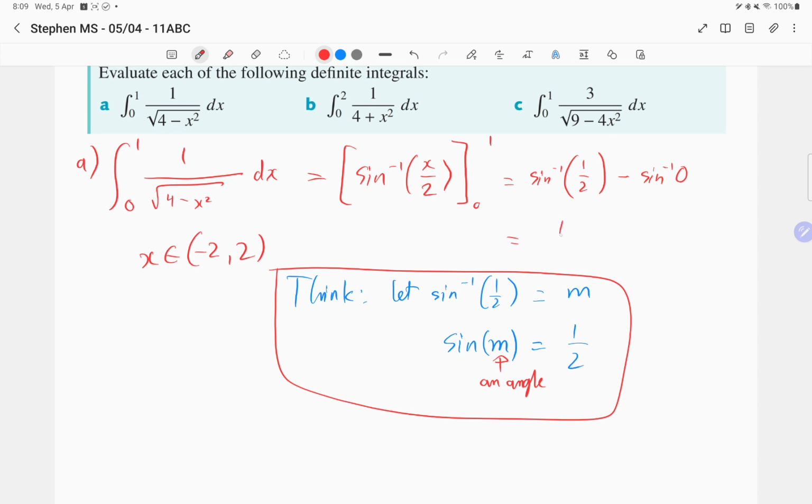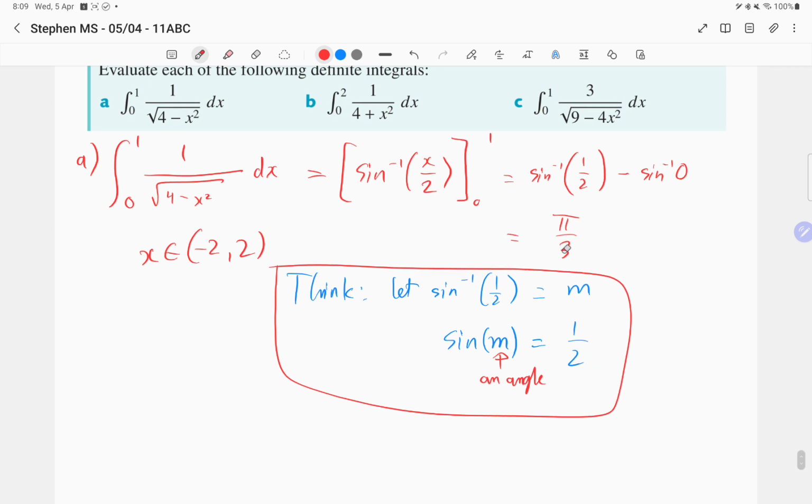So it would be pi on 6. Remember, when you're dealing with sine and there's no degree, it's assumed to be radians. 30 is pi on 6, not pi on 3, since pi is 180.